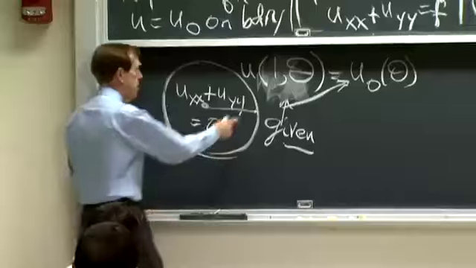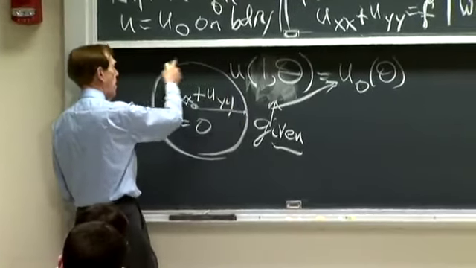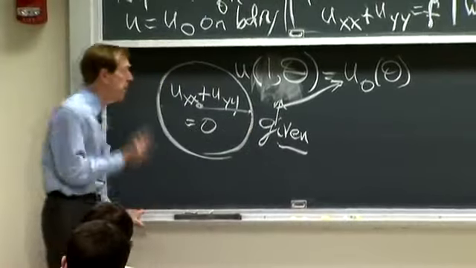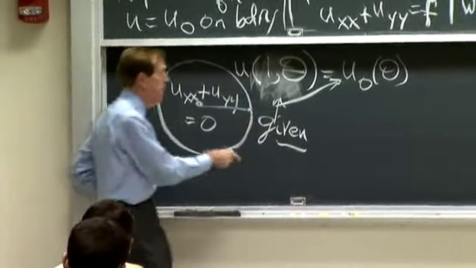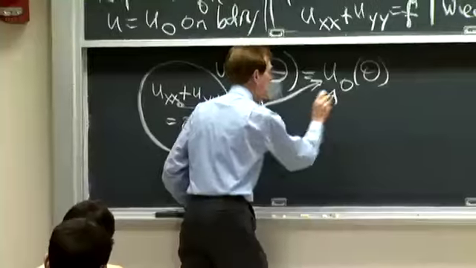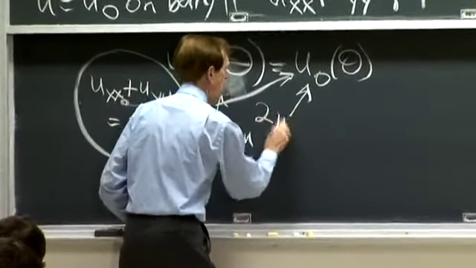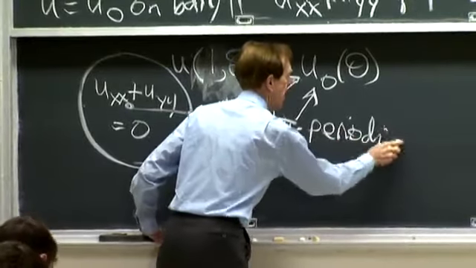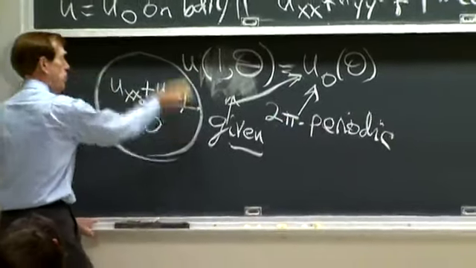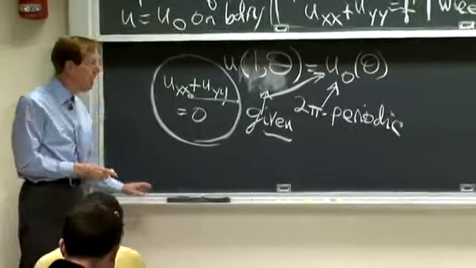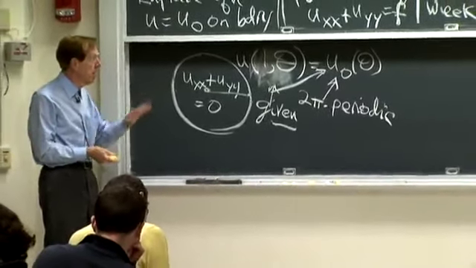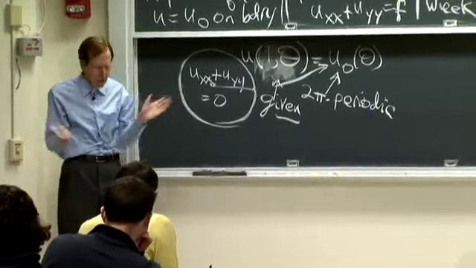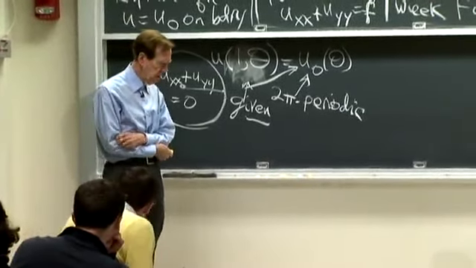Or the boundary condition might vary around, but notice that this is a periodic function. This is 2 pi periodic, because if I increase theta by 2 pi, I've come back to the same point, so it's got to have that value.